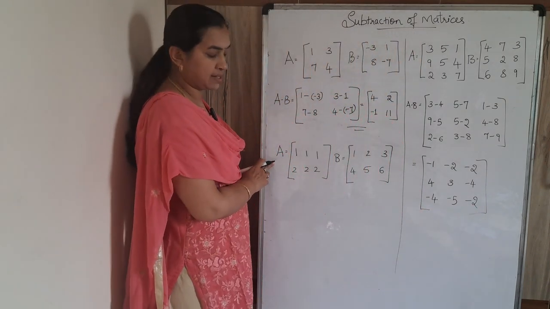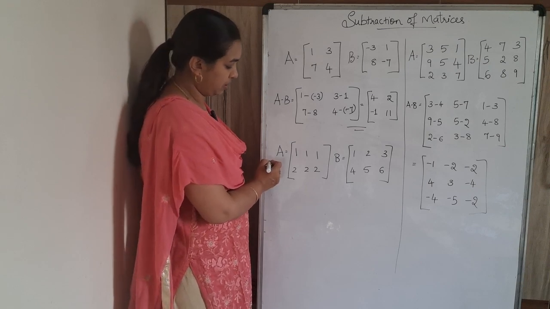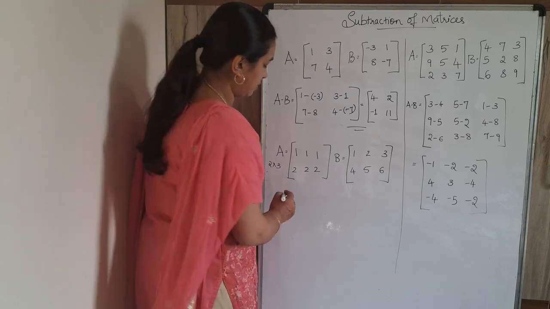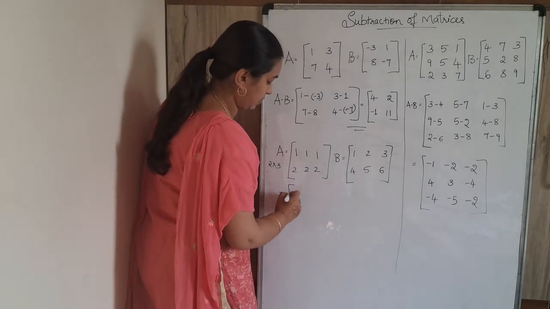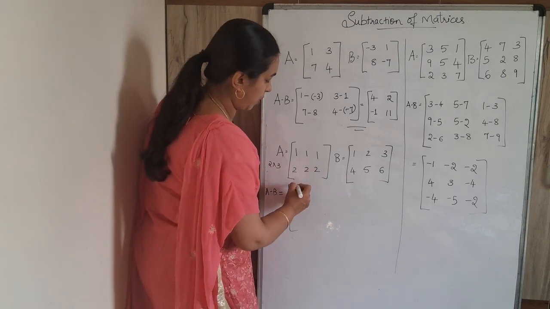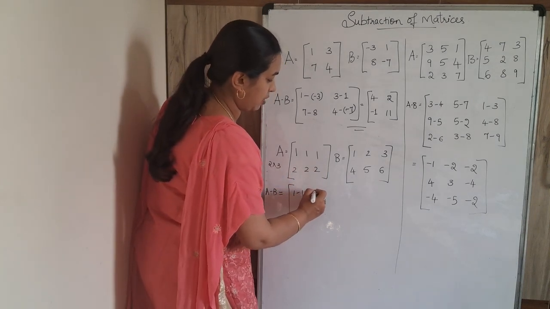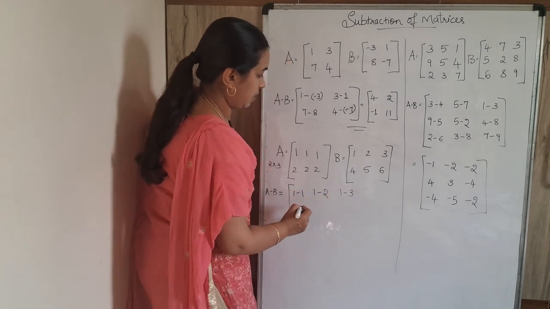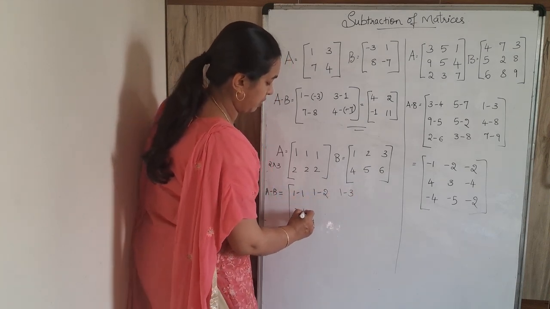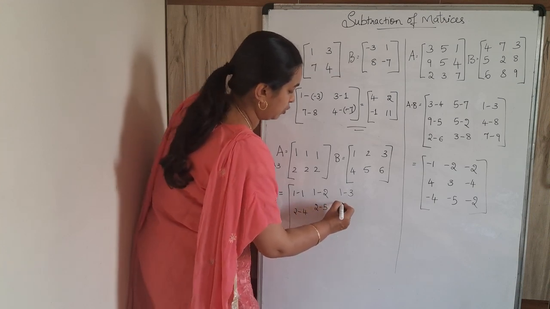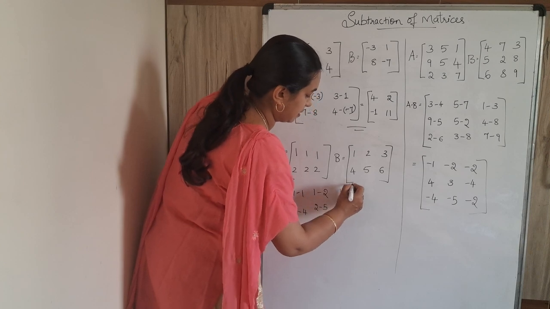Similarly, I have taken an example which is of the order 2 cross 3 matrix. So here also A minus B will be 1 minus 1, 1 minus 2, 1 minus 3, 2 minus 4, 2 minus 5, and 2 minus 6.